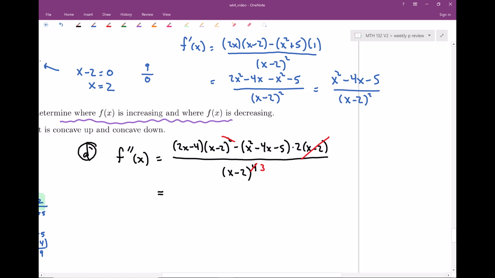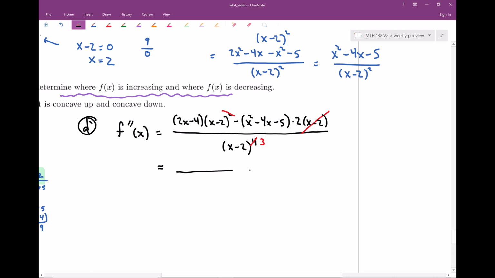So now if we go ahead and FOIL in the numerator, I'm going to have 2x times x, so that's going to be 2x squared minus 4x minus another 4x plus 8 minus x squared, oops, I forgot this 2 right here.